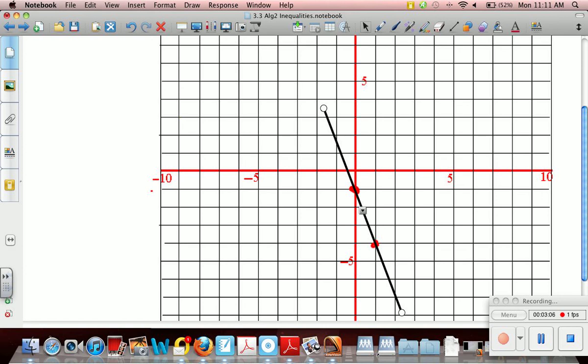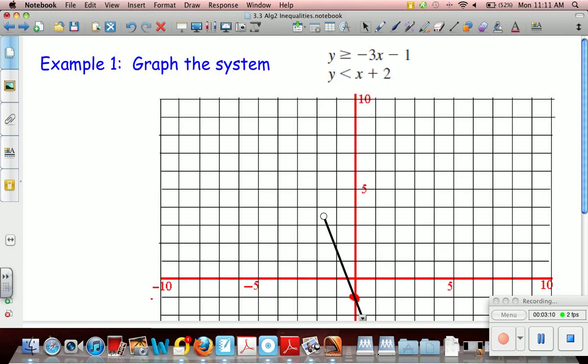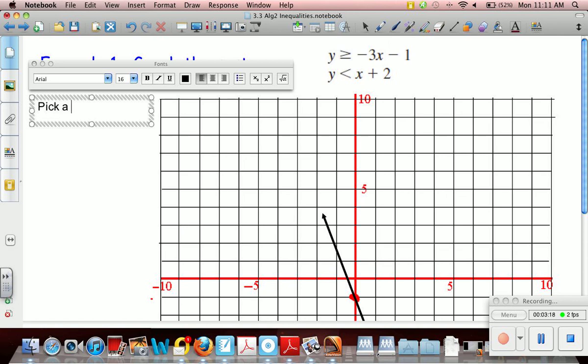Alright, and then we did have to decide which side to shade. So I want to pick a point, any point, and I will choose 0, 0 as long as it's not on the line, and 0, 0 is not on that line.